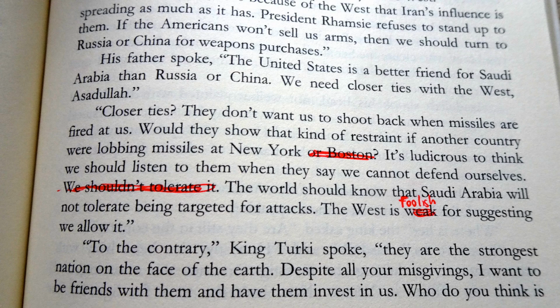Does he know that's a major city? I think he would know New York for sure, but would he know Boston? I wanted to get rid of it to further that characterization where he's not super familiar with the United States, so he just says New York.